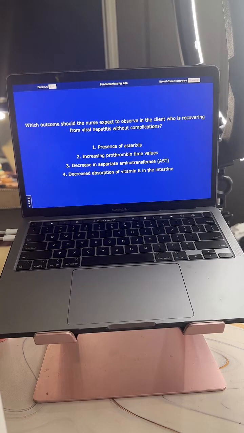All right. I'm seeing y'all say 3, but you need to tell me why. Why did you choose 3? If you chose 3, you need to tell me why. All right, now this is a good example.